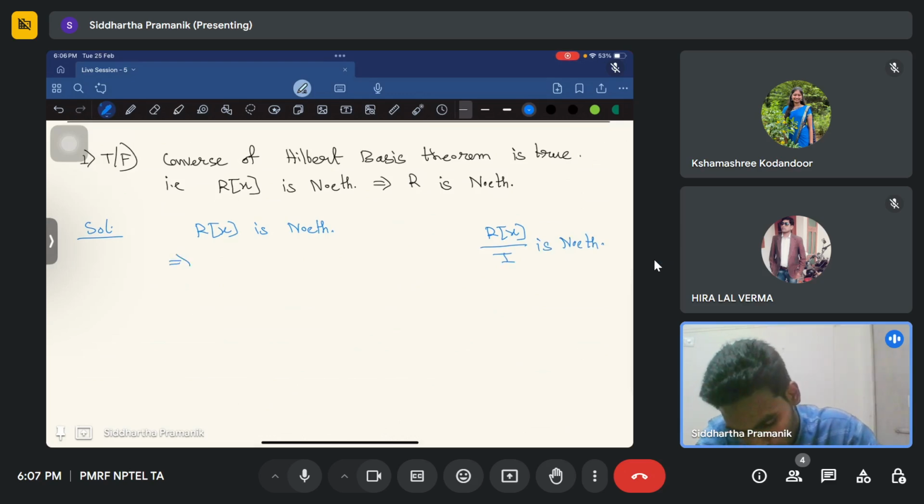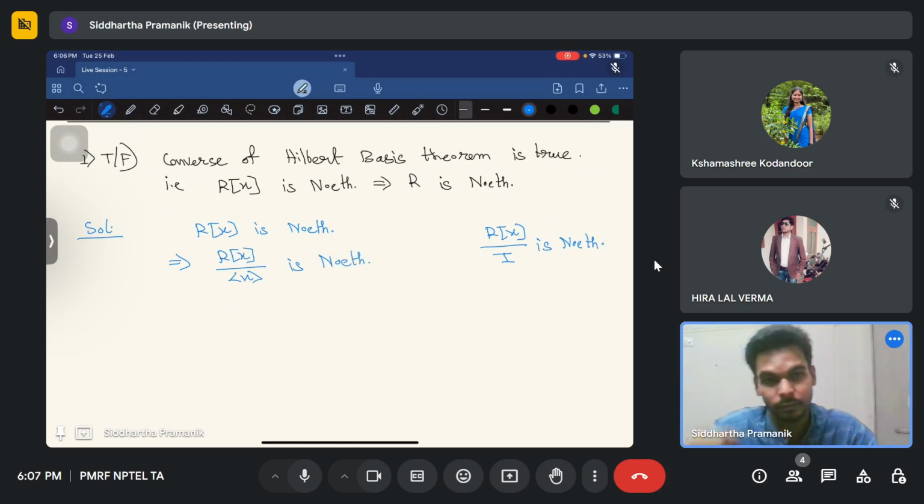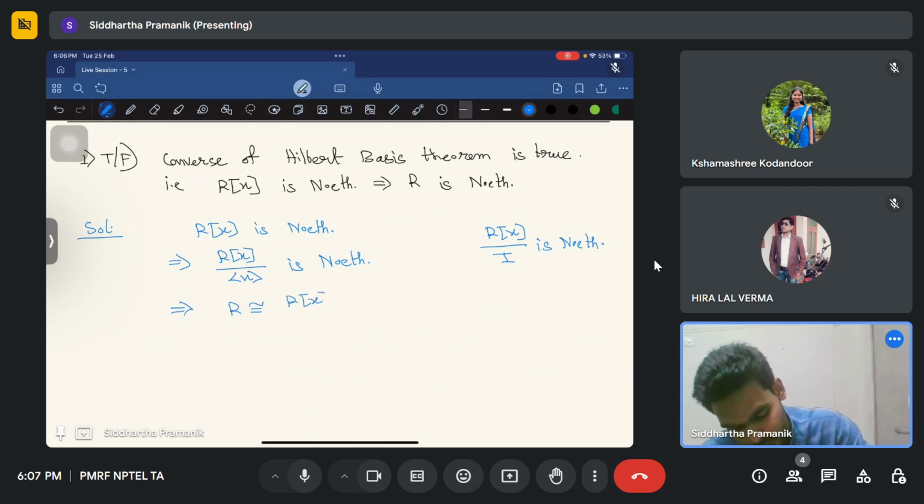So from this we can say R[x] modulo the ideal generated by x is Noetherian, and this is actually the ring R. Since R is isomorphic to R[x] modulo the ideal generated by x, it is Noetherian.